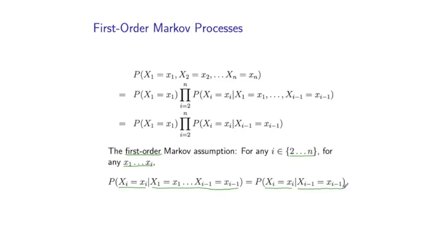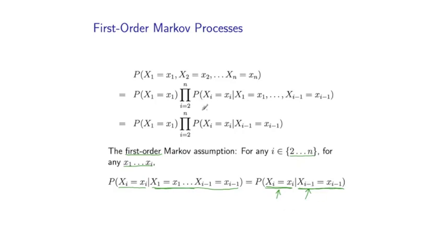So we've essentially made the assumption that the random variable at position i depends only on the value of the random variable at i minus 1. To be a little more precise, this independence assumption is saying that this random variable is conditionally independent of all the previous random variables once I condition on i minus 1. So everything up to i minus 2 is irrelevant.